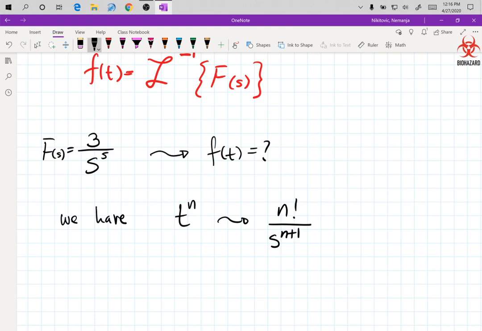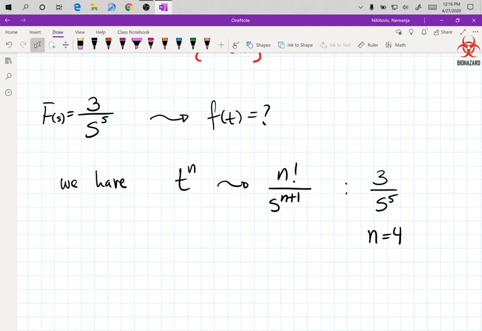So when I compare this to 3 over s to the 5, I can see that n is equal to 4. Okay. So what do I need for this to happen? If I just have t to the 4, then that will transform into 4 factorial over s to the 5, and 4 factorial is 24 over s to the 5.